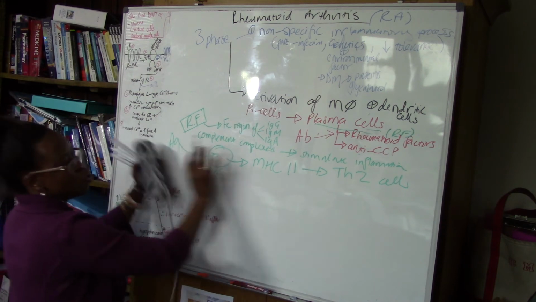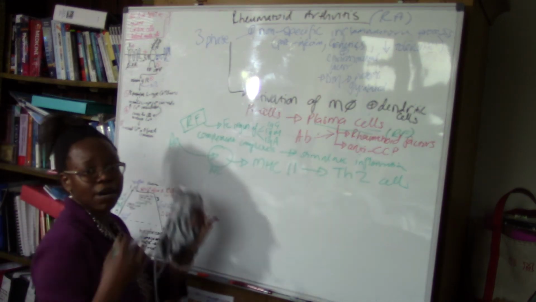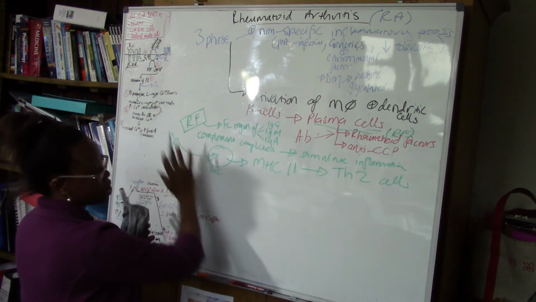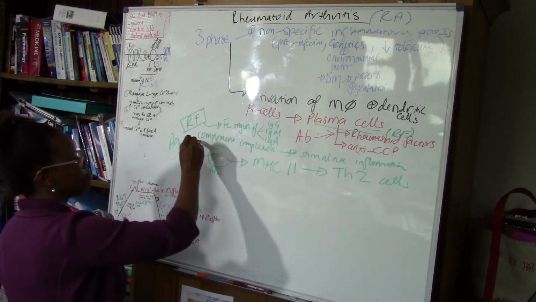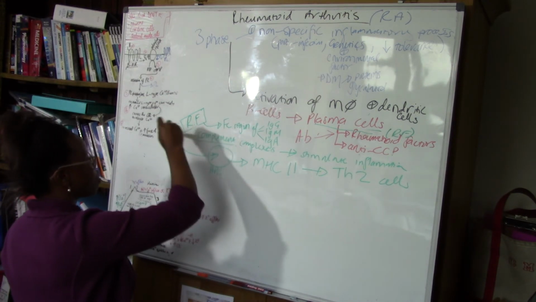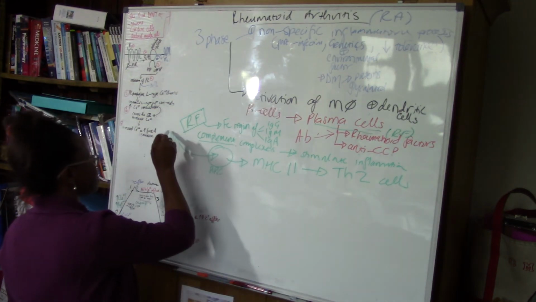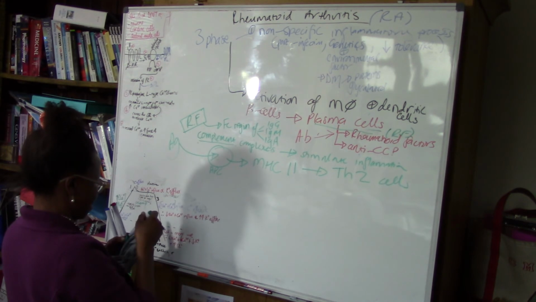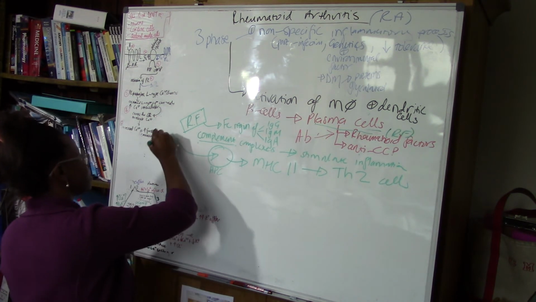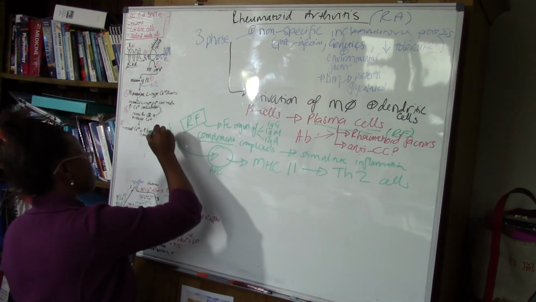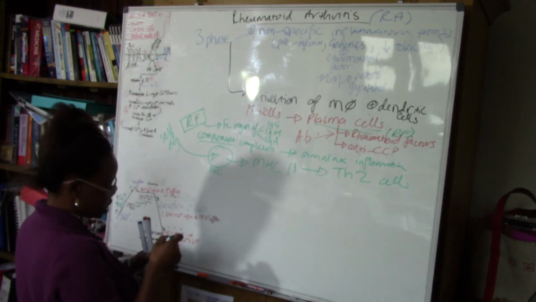This is normally what will happen. Say if this was a bacteria that needed opsonization, this is exactly what will happen. So that formation of complement causes exactly the same process to happen. But obviously there is no pathogen there. That is a self-antigen that is being presented to the self.